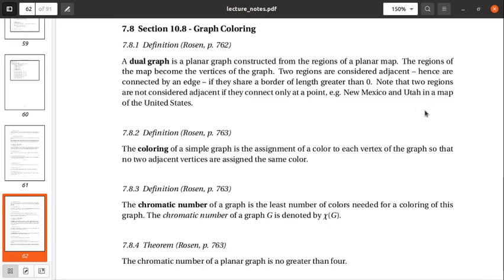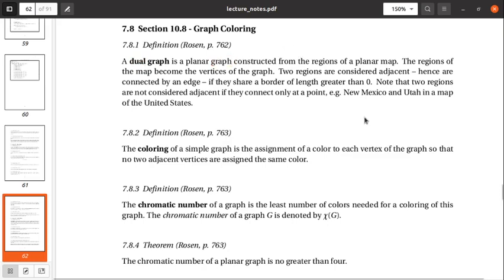So if you have this association between a planar map and a planar graph, then you have something called a dual graph. So it has this dual representation, both as a map and as, in computer science, what we've been calling a graph.